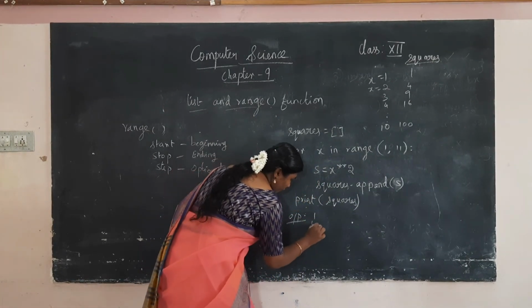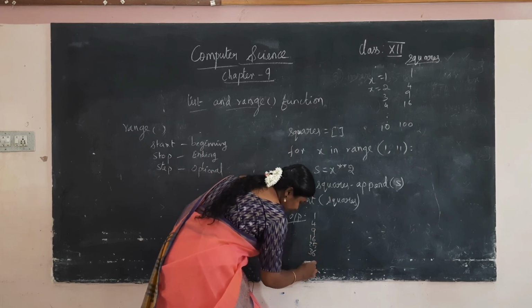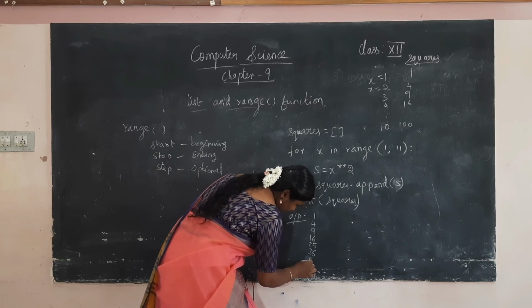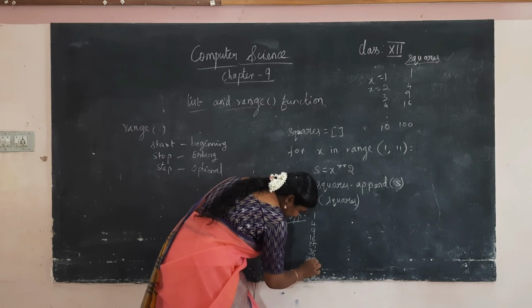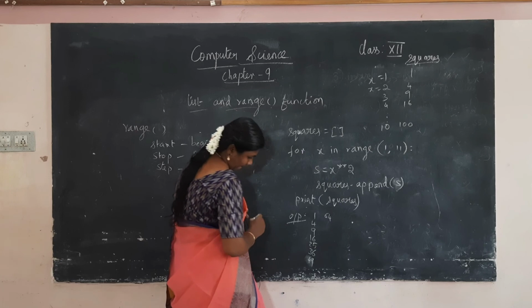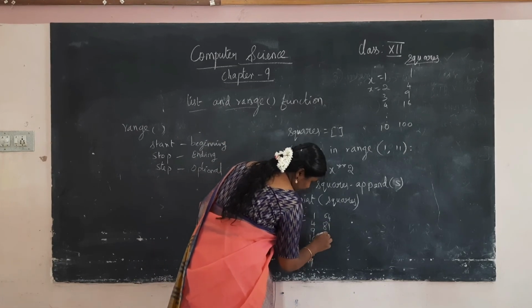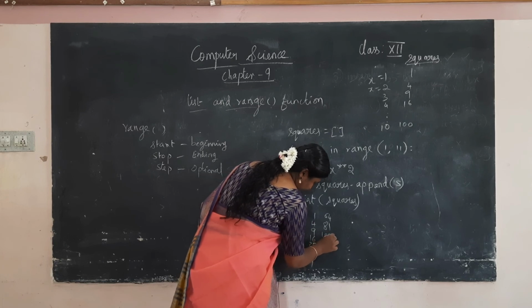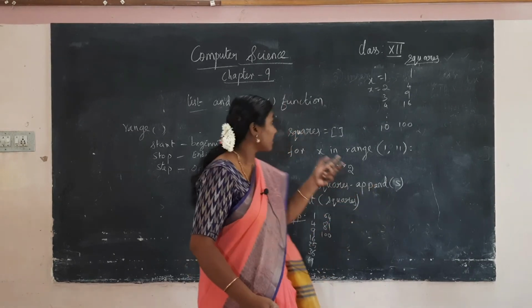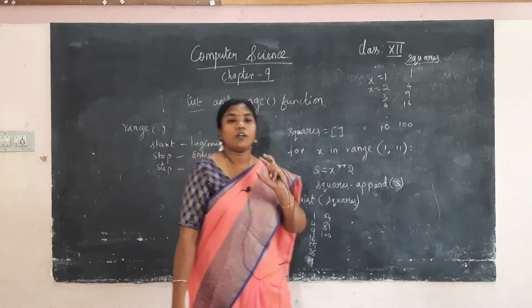Okay, so 1, 4, 9, 16, 25, 36, 49, 64, 81 and then 100. Clear? So this will give you the squares.